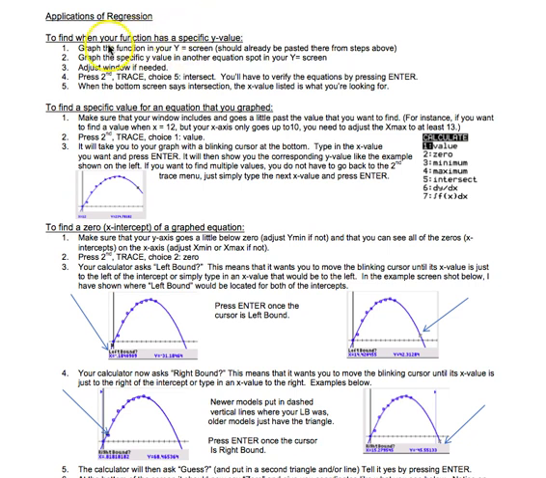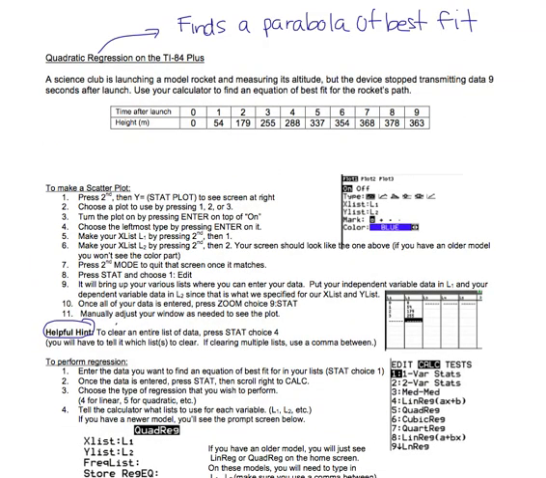So, to find when your function has a specific y value, this might be, let's say, when does the rocket, this is from the last video's example, have a height, and I can't remember, I can scroll back to the old notes to see.